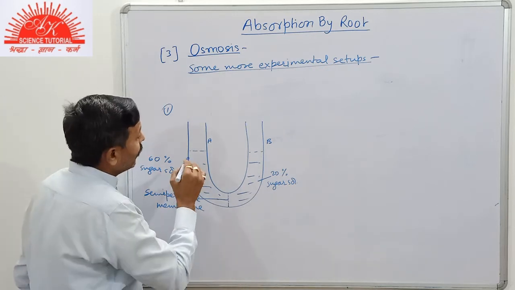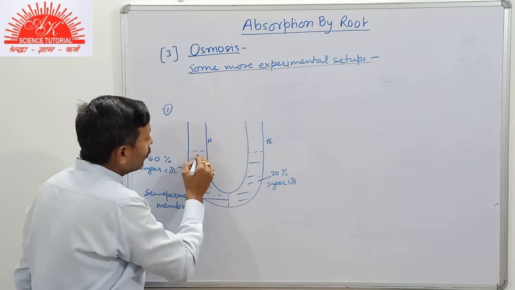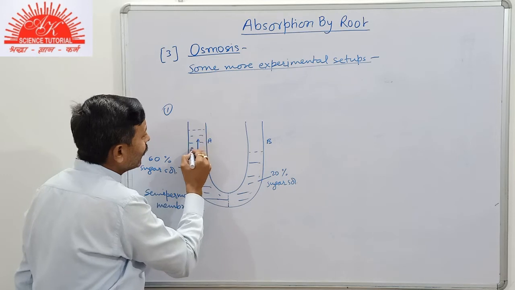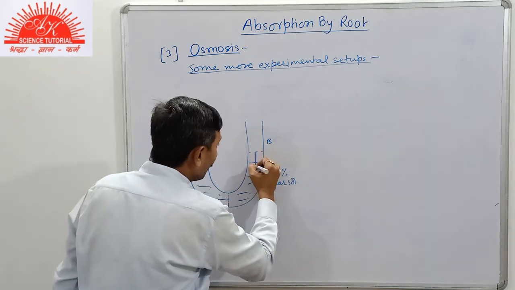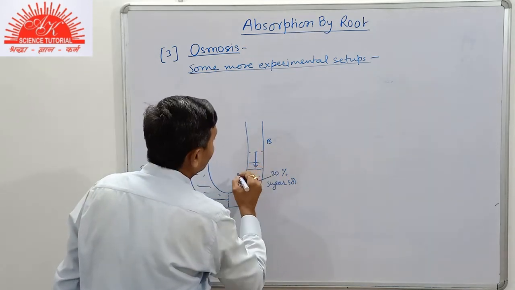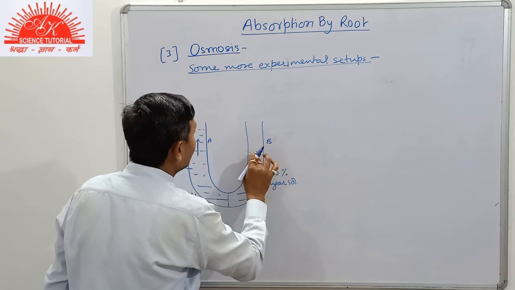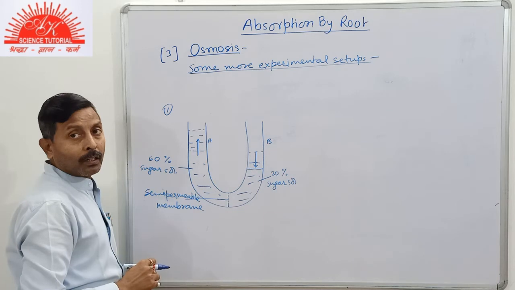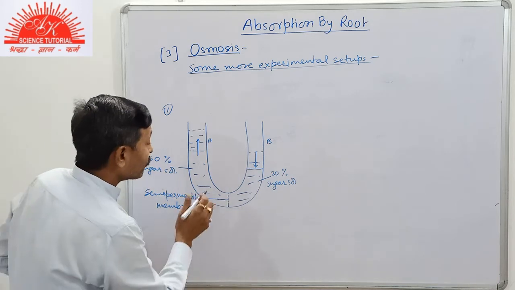You will observe that the level of solution in limb A will gradually increase, and the level of solution in the funnel in arm B, or limb B, will gradually come down. Now what is the reason?